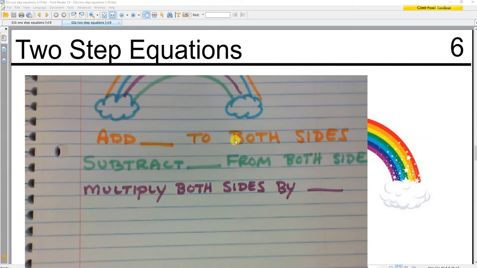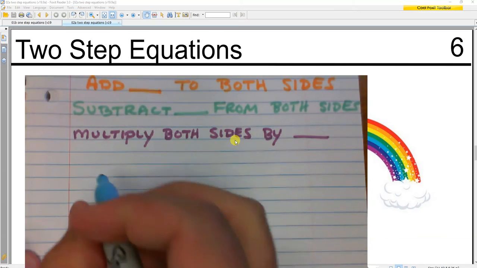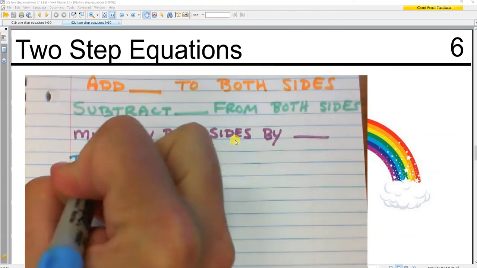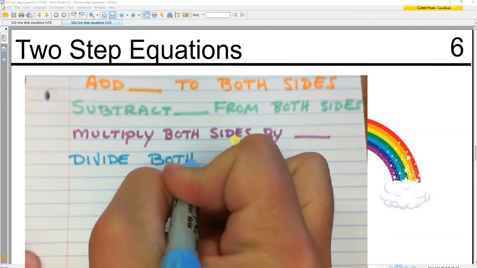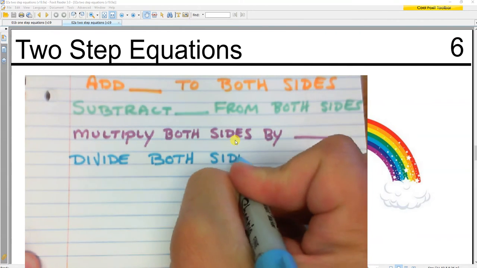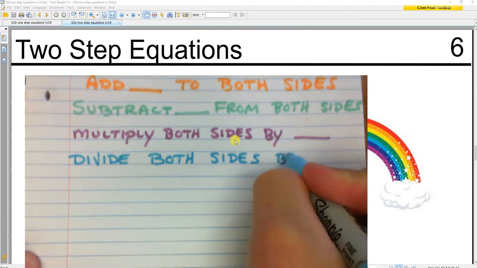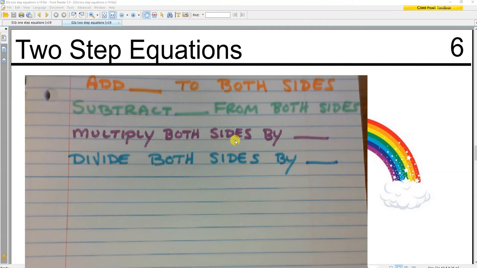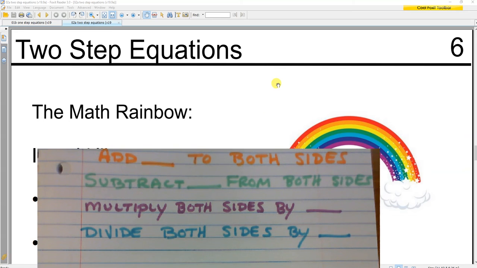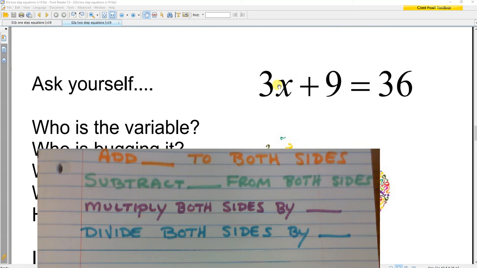And I can divide both sides by blank. There's my math rainbow. And these are the four things that I can do to solve equations that look like this.